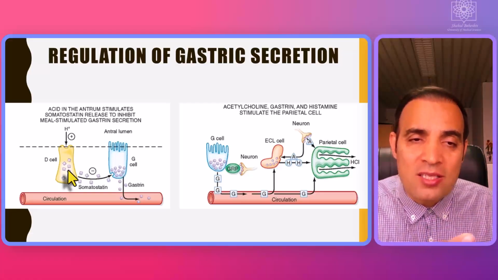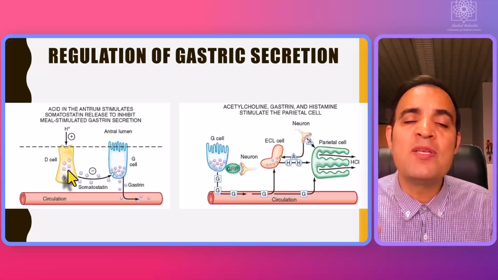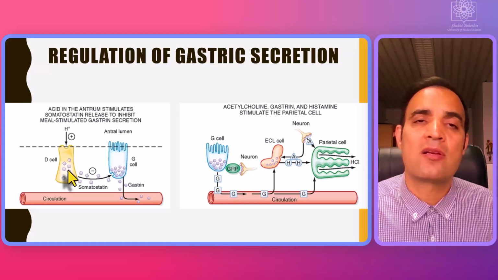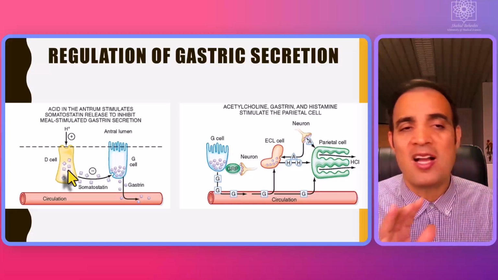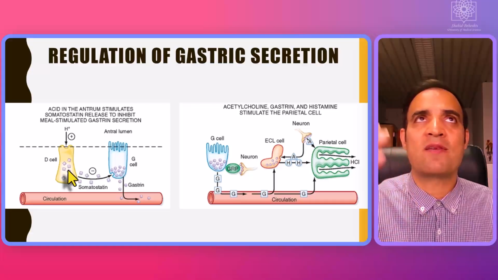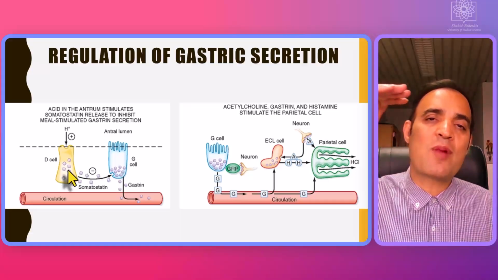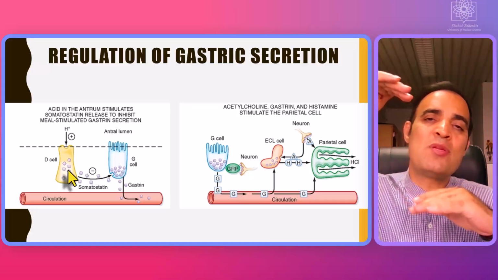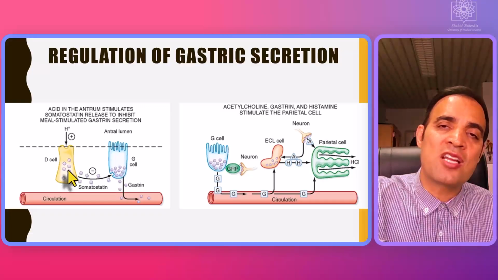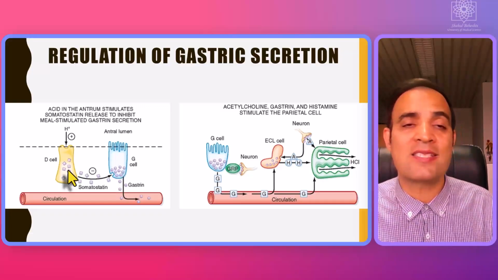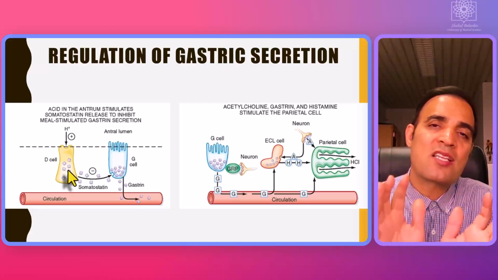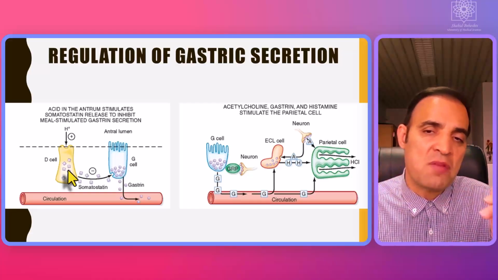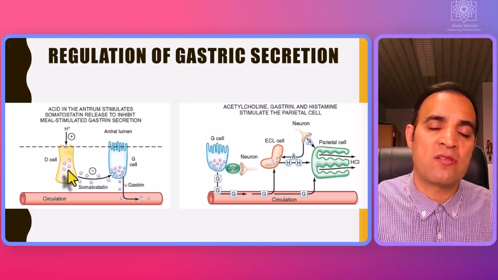And somatostatin moves and inhibits the G cell and inhibits gastrin secretion. You can imagine what I'm going to say. I can say that in a feedback mechanism from inside the lumen, when the acid content is increasing, it immediately inhibits gastrin secretion, and therefore this inhibits the acid secretion. And this feedback mechanism regulates the concentration of acid in a limited area and limited value.